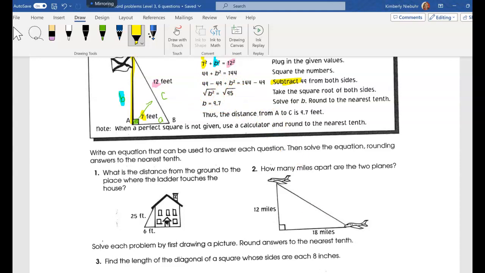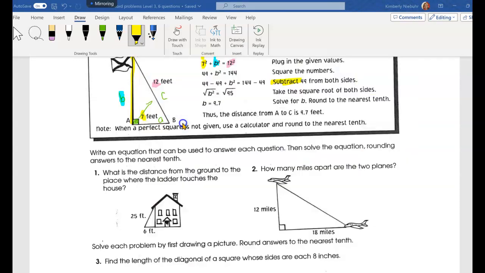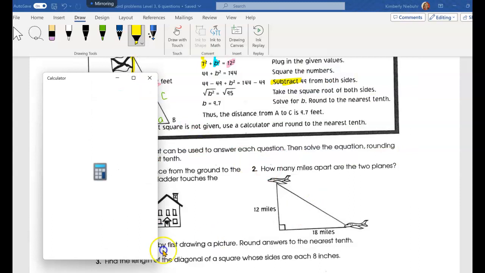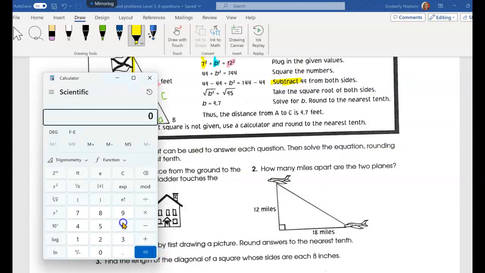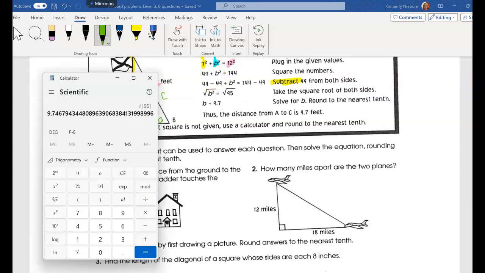And with a calculator, we're going to see the square root of 95 is 9 and 74 hundredths.